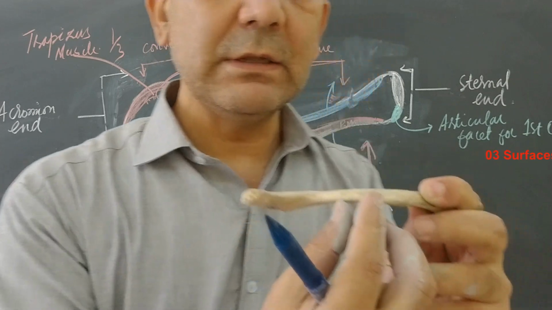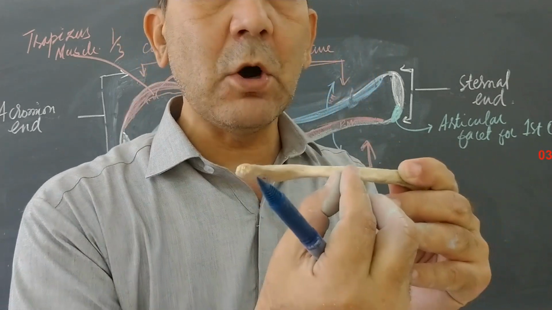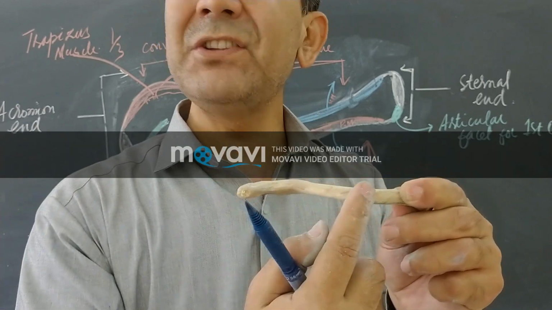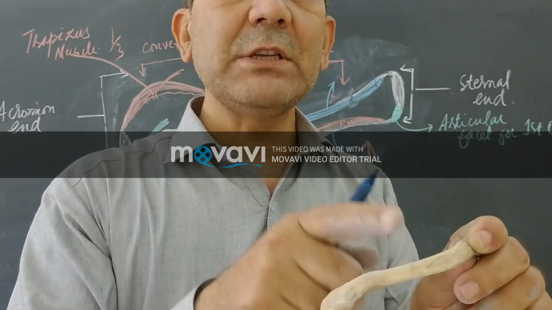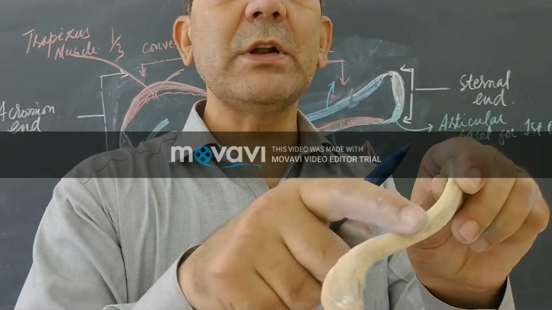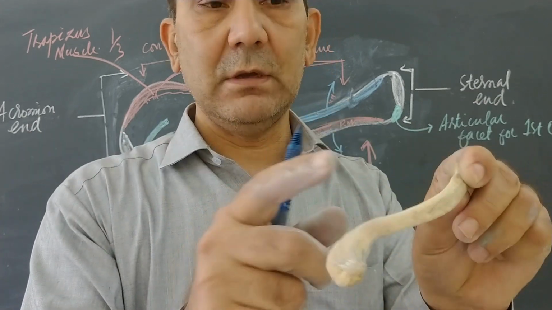The surface between the anterior border and the superior border is called the anterior surface. The surface between the superior border and the posterior border is called the superior surface.